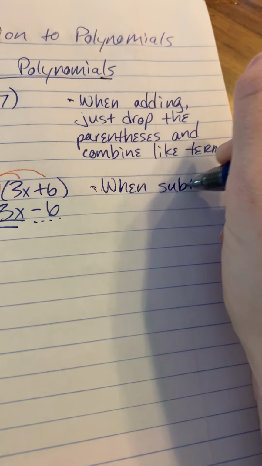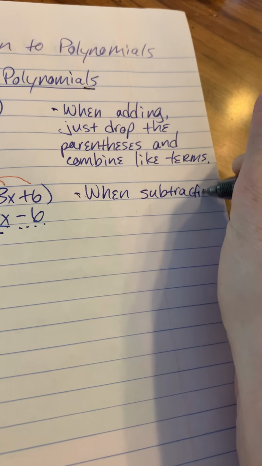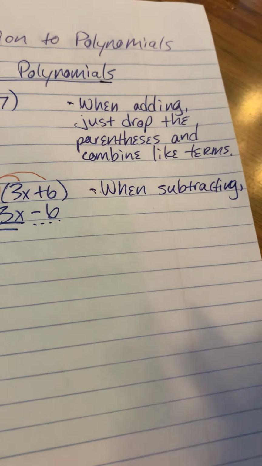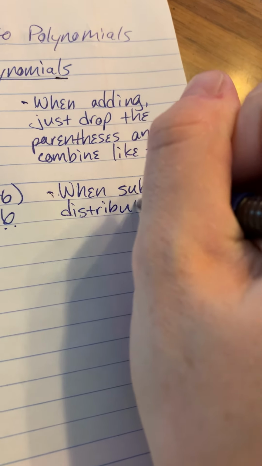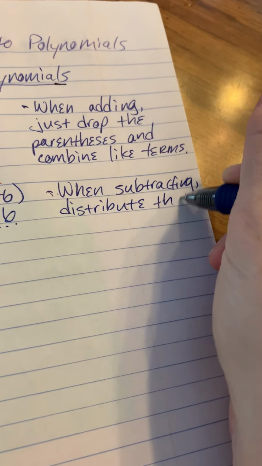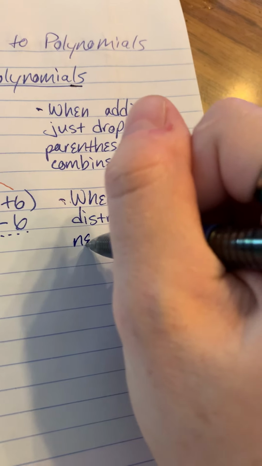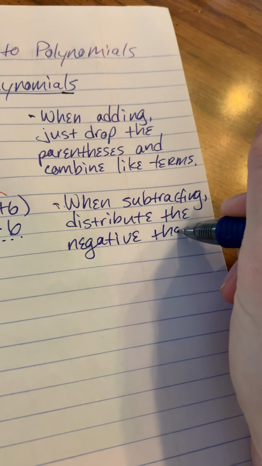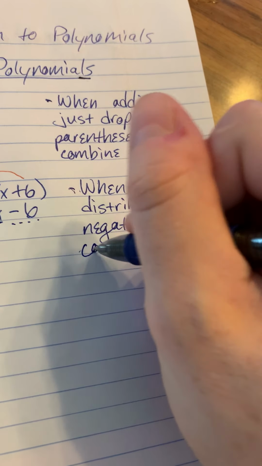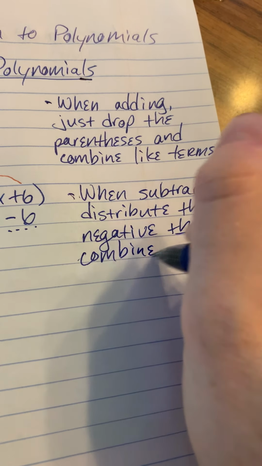When subtracting, distribute the negative, then combine like terms.